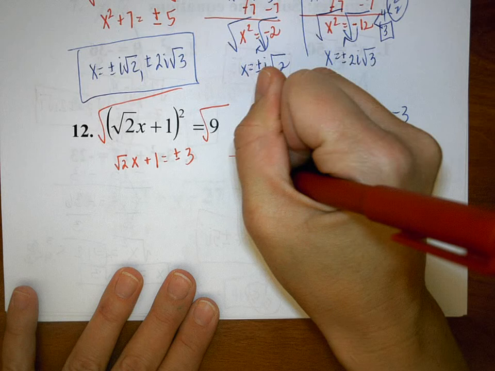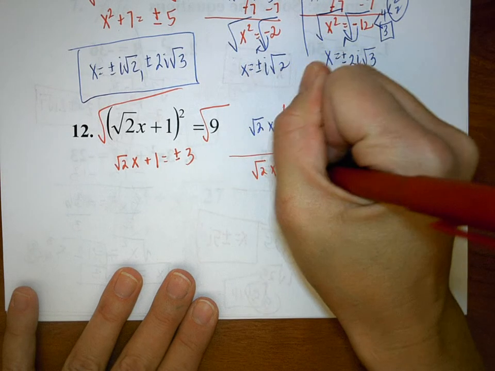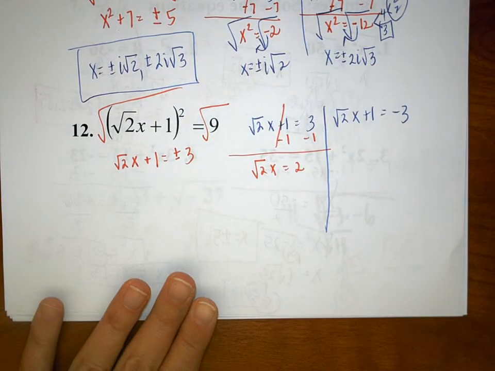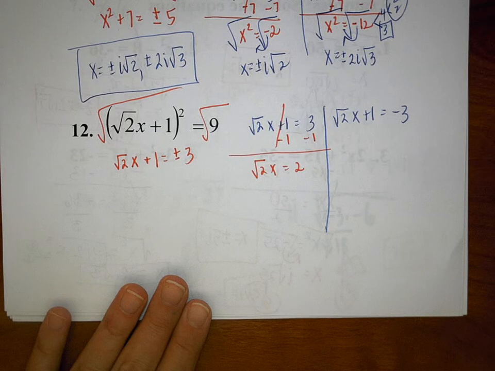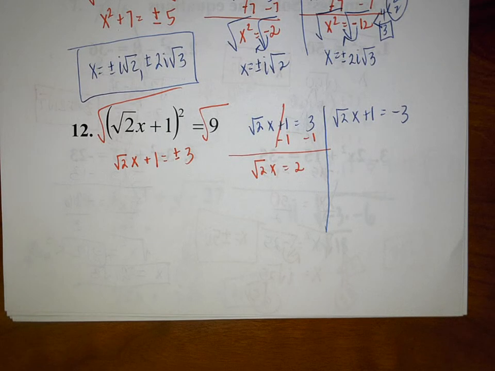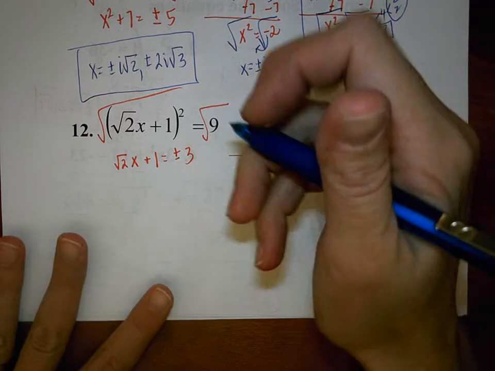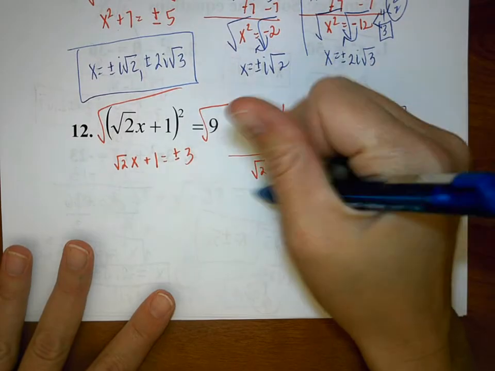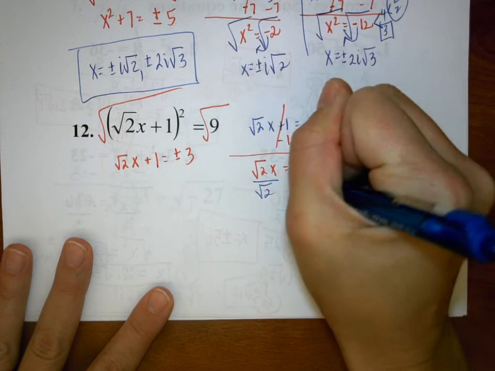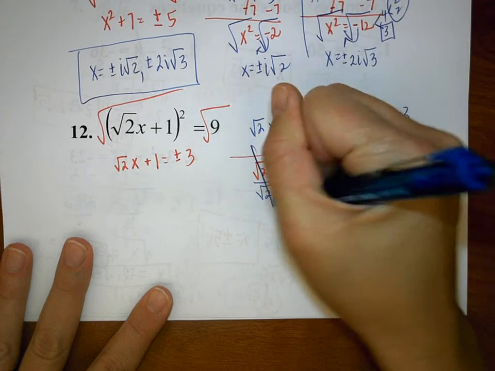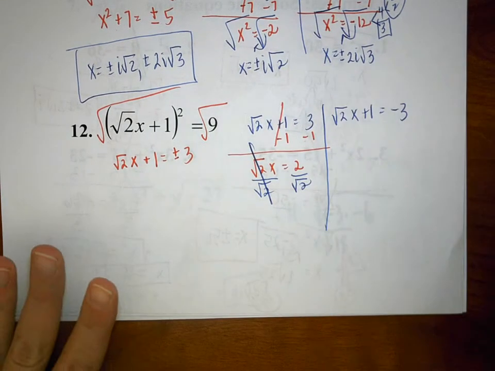Okay, so we have root 2 x equals 2. And then what would you do? How do you get x by itself? You're dividing by root 2, right? To get the root 2 away from the x? Good, so those cancel, but we can't have a root 2 in the denominator, right?